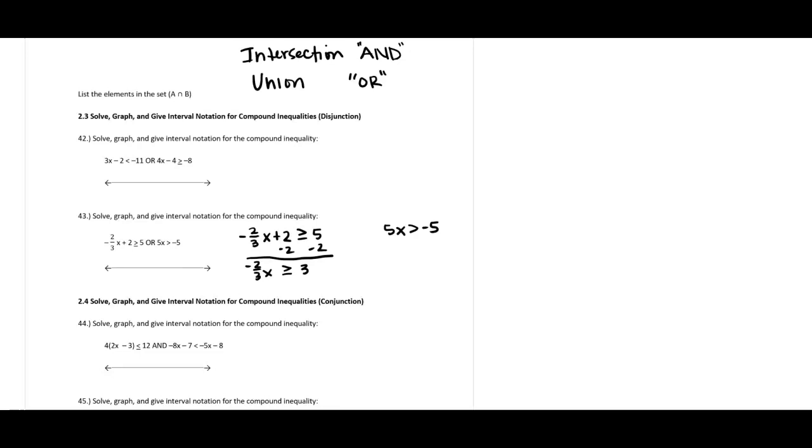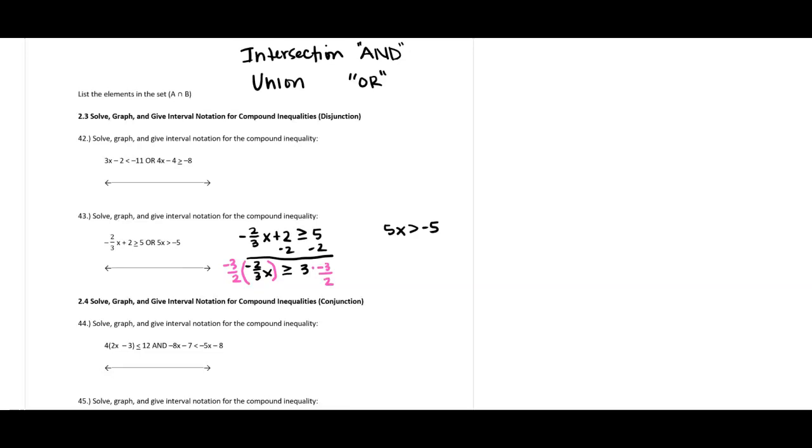But then to get my x by itself, I need to multiply by the reciprocal. So I'm going to be multiplying this by a negative 3/2, I'm just flipping it. And that means I need to multiply this side by negative 3/2.